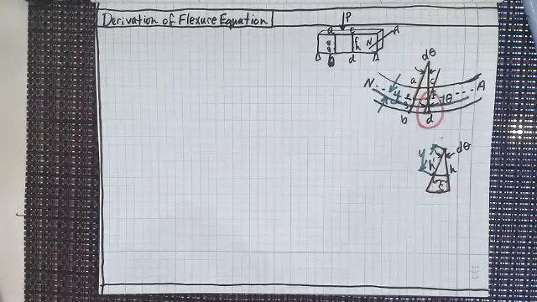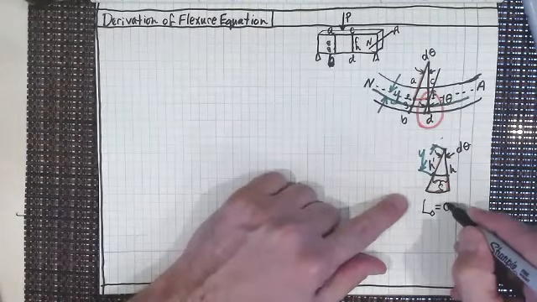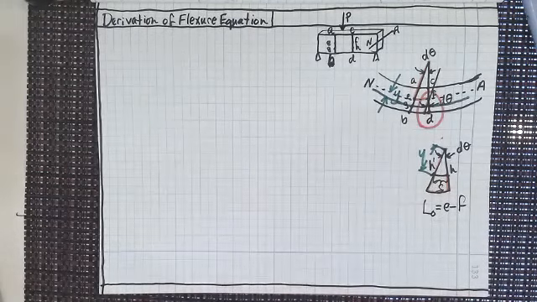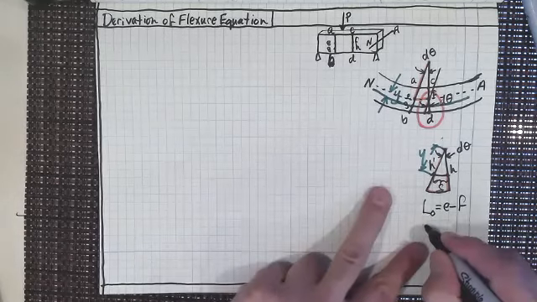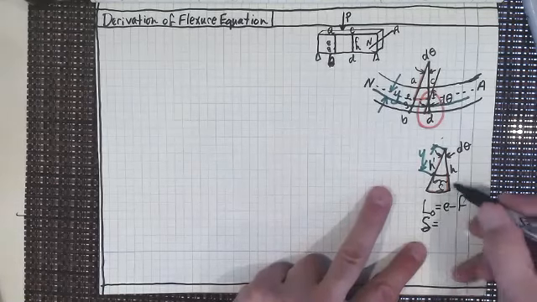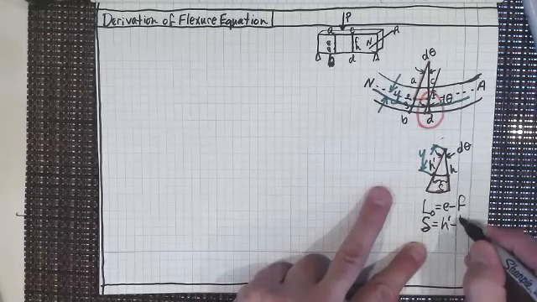The original length would be at the neutral axis, E to F. That's my original length, and my delta, my extension, is going to be H prime to H.